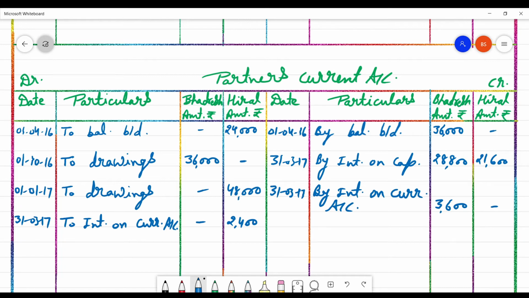Bhadresh's interest on current account will be transferred to the credit side of P&L appropriation account, and Hiral's interest on current account will be transferred to the debit side of the P&L appropriation account, means cross entry will be transferred.